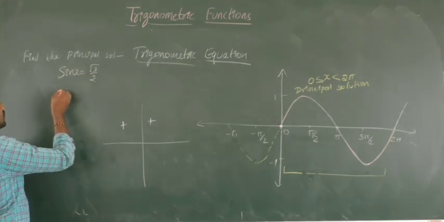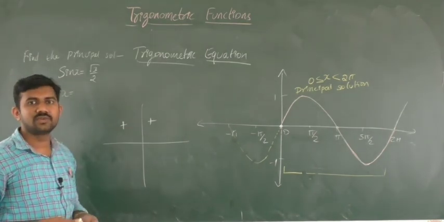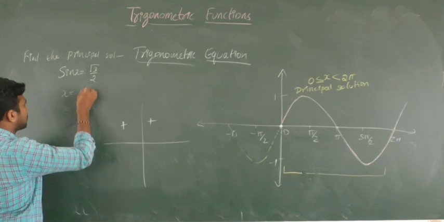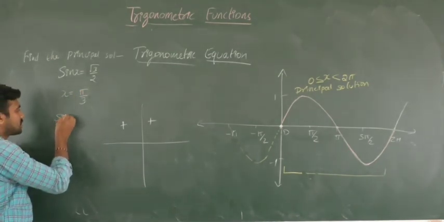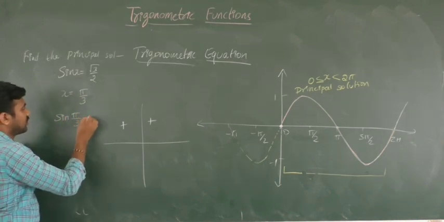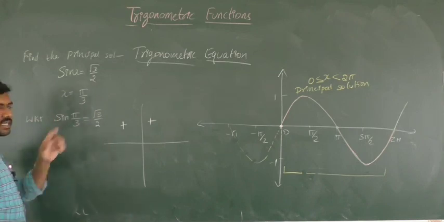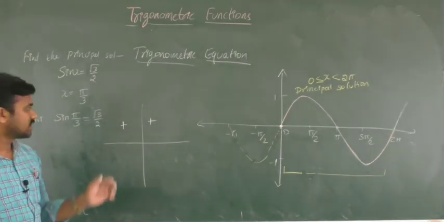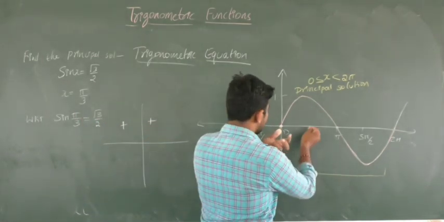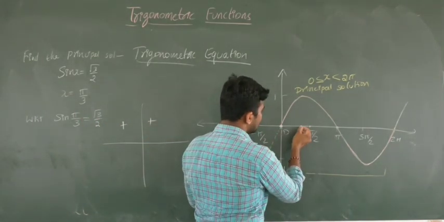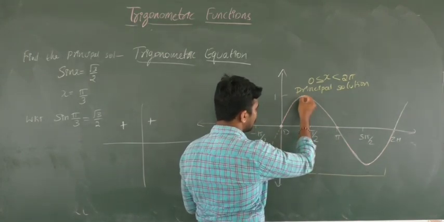We know that if x is equal to 60 degree, that is pi by 3, then sin pi by 3 is equal to root 3 by 2. So this is one of the principal solutions. This is sin pi by 2, 90 degree, and this is pi by 3, near to 90. This is one solution.